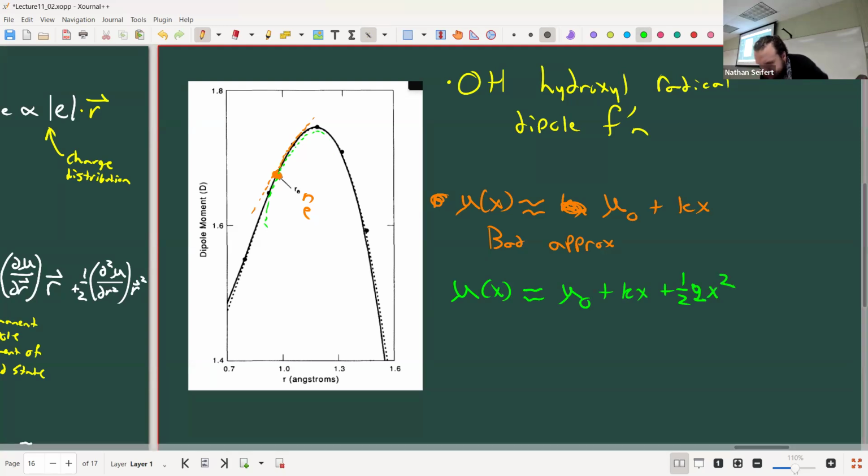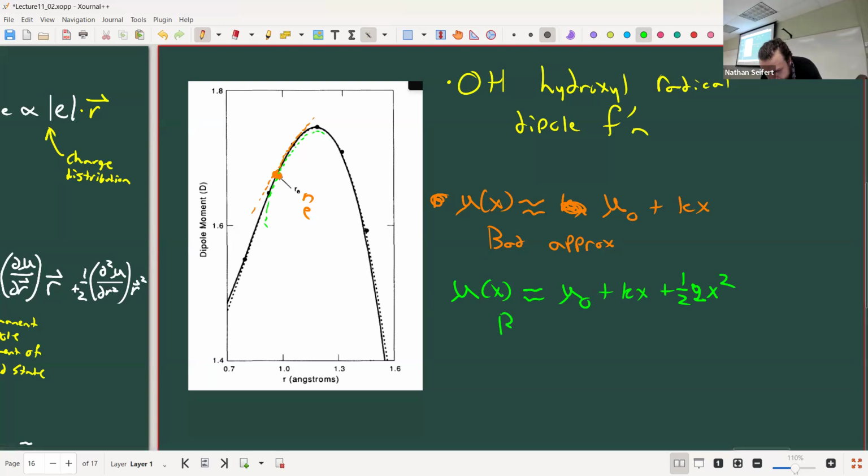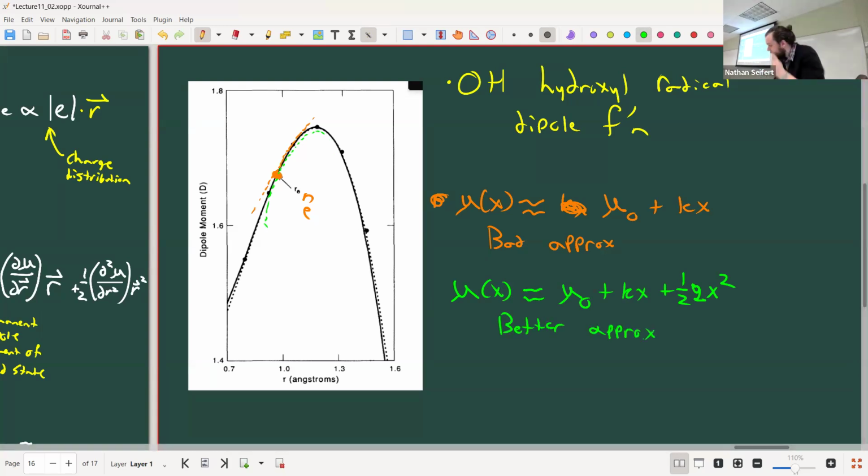I'm just making up letters, the better approximation. So what this is getting to is that as you stretch the molecule, the dipole moment changes, but how it changes depends on the electronic structure of the molecule.